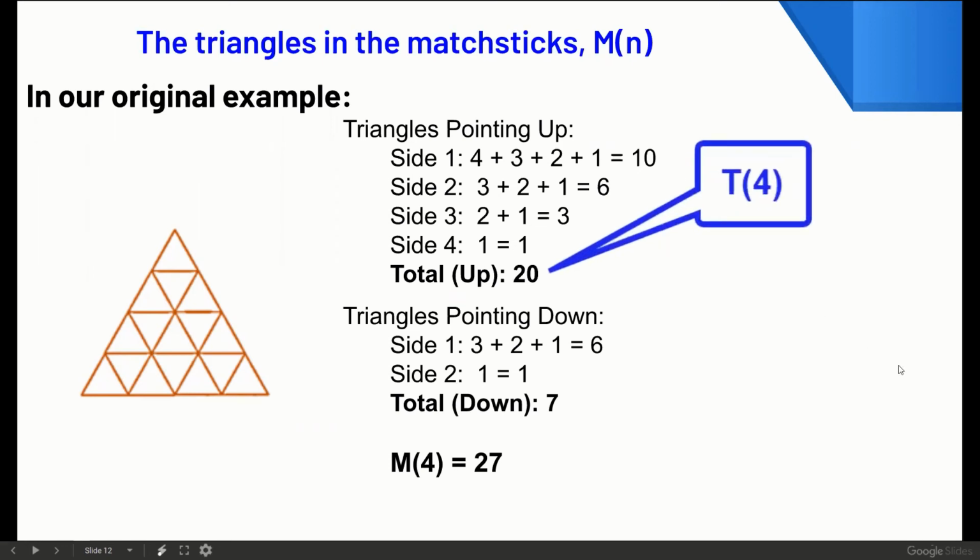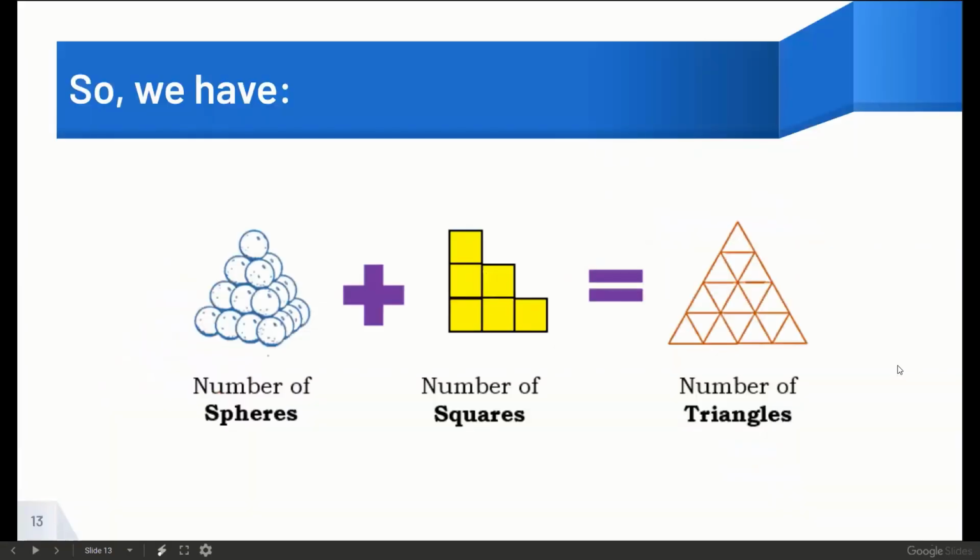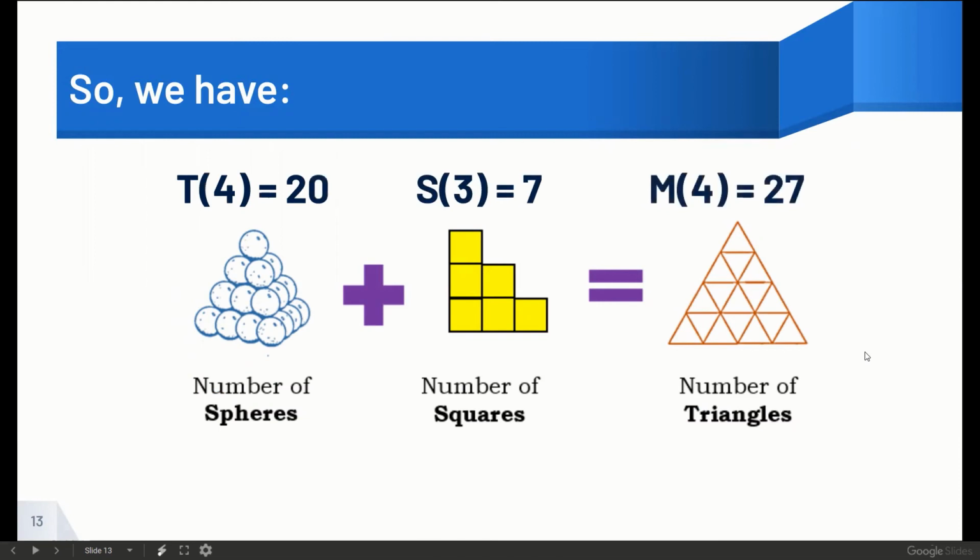But lo and behold, the 20 triangles that were pointing up, that was T4. And the triangles pointing down, that was S3. This is starting to come together. So here's what we have. 20 cannonballs here in the tetrahedron, 7 squares in the stair steps, and 27 triangles in the matchstick figure.